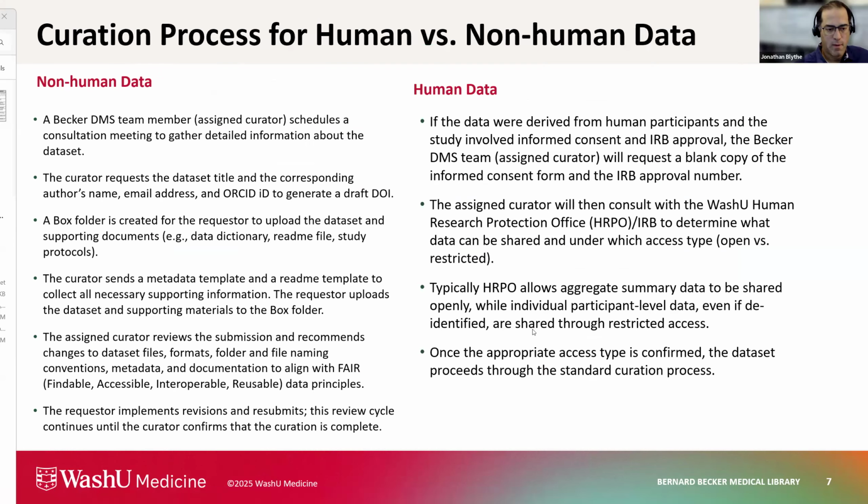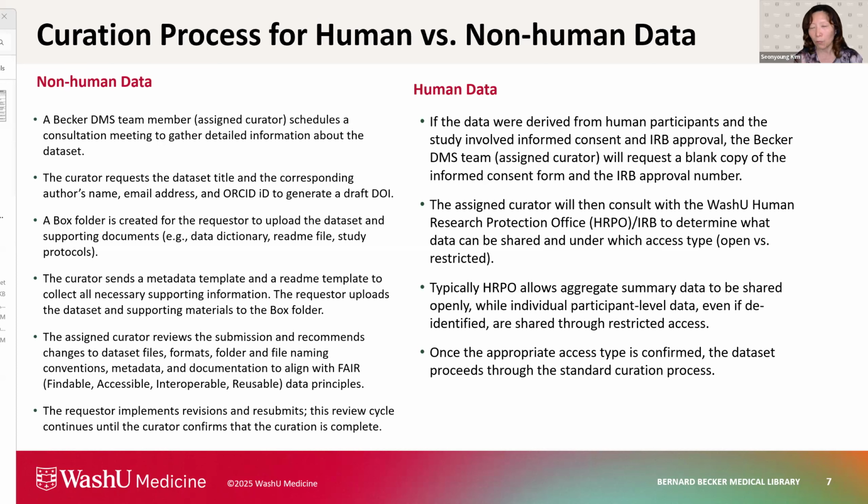No problem. So for human data, the first thing we check is informed consent. Make sure the sharing language in the informed consent allows you to share data openly or restricted, and then we check with our HRPO, Human Research Protection Office, and IRB to determine what data can be shared and under what access type.